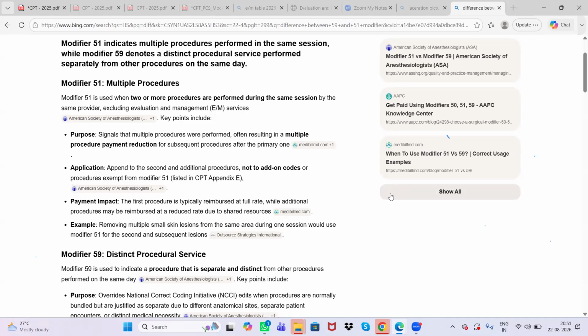Multiple procedures means, during the same session when the surgery or any other procedure is being started. If I am going fast, please let me know.